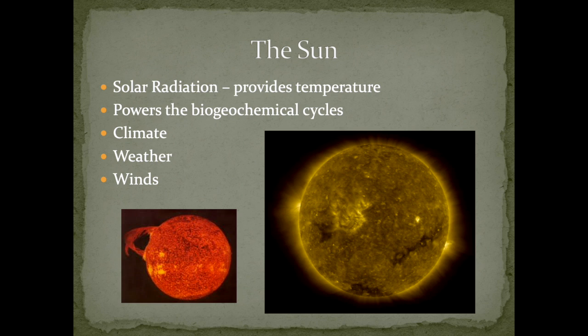So what powers every other process on planet Earth? Only one thing, this unshielded nuclear fusion reactor called the sun. From 93 million miles away, it gives us the heat that we need through solar radiation, provides the energy for every biogeochemical cycle that we've talked about, and is the main influencer of climate, along with tilt and distance from the equator.